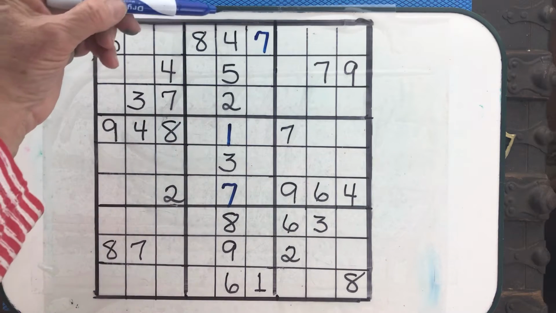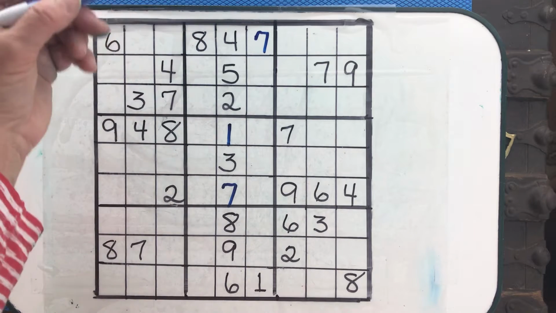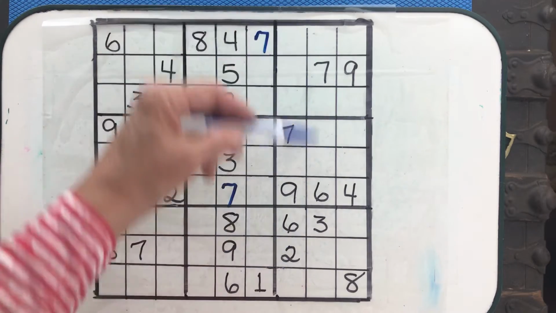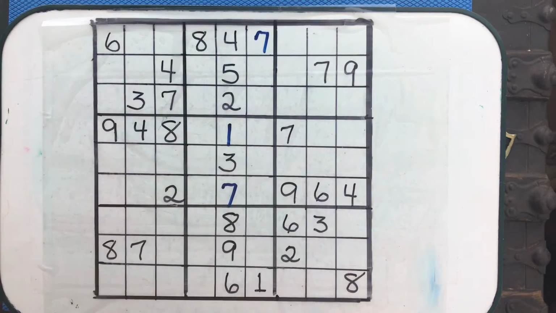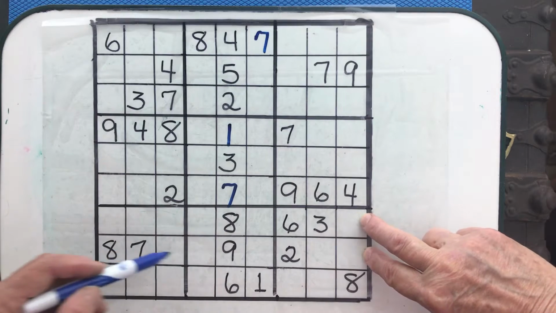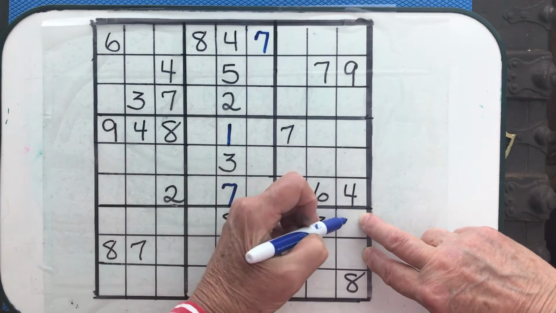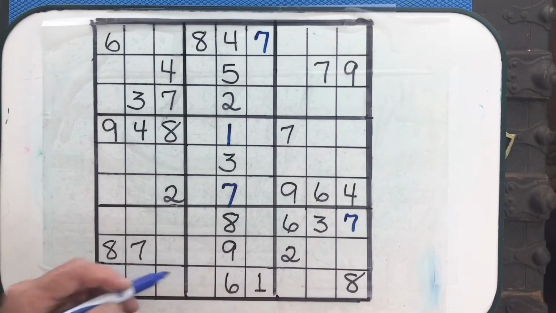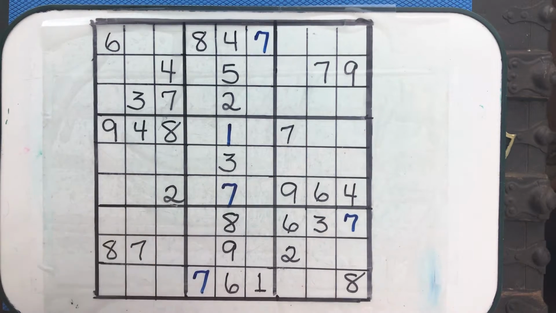Now, let's come down here. I'll look at the 7s in this row, 7 in this row. So it has to be in one of these two positions, but since I have a 7 here, it's going to go there. So now 7, 7, so this has to be my 7.